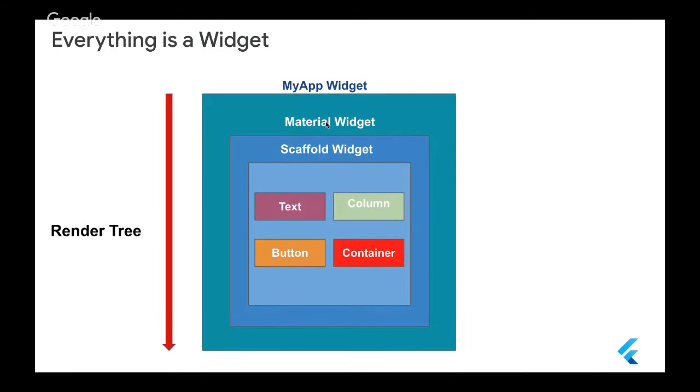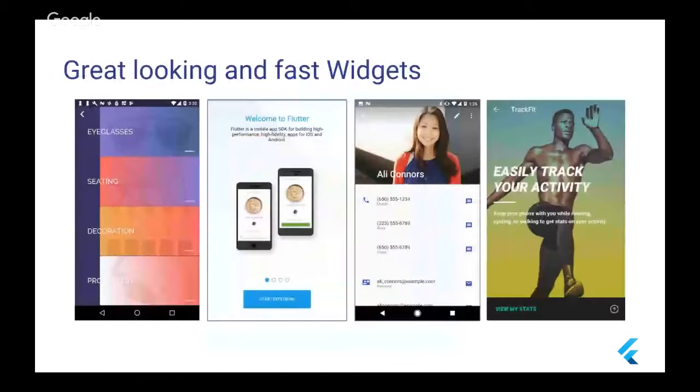And if you want to use Cupertino style, there is a CupertinoApp widget, and there is a Scaffold widget, and there is a widget for everything. Even if you want to center your text on the screen, there is a widget called Center. For that reason, we say everything is a widget in Flutter.